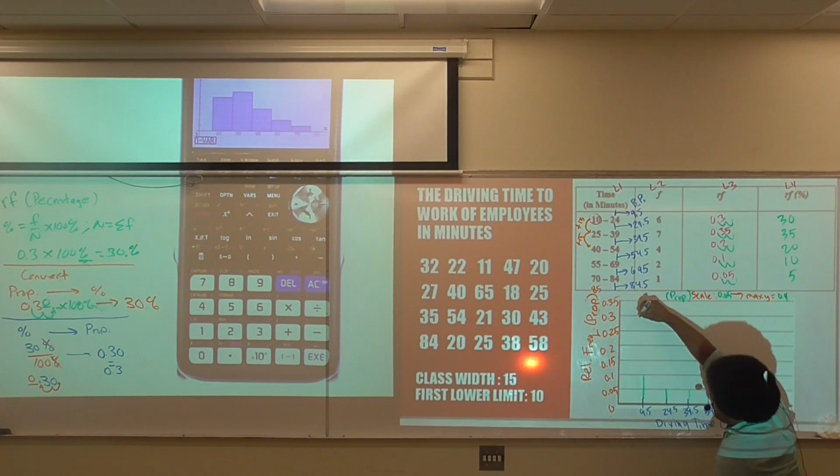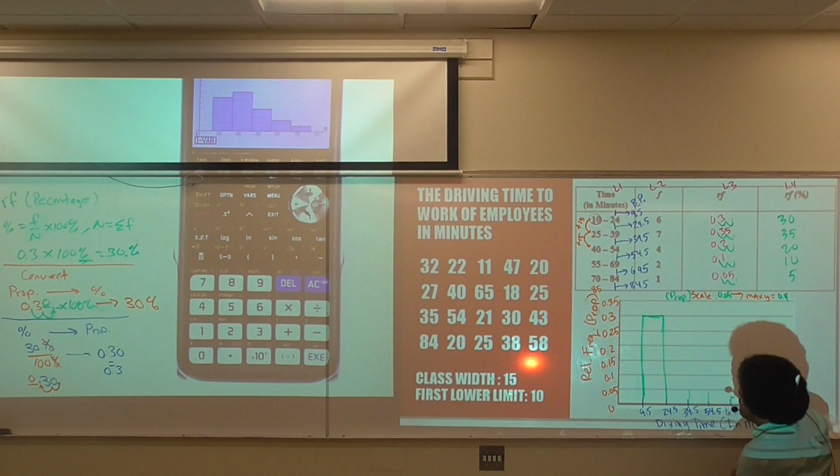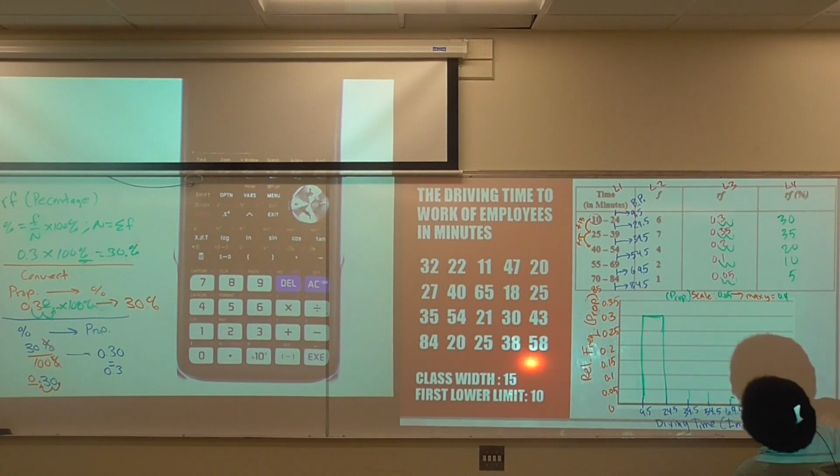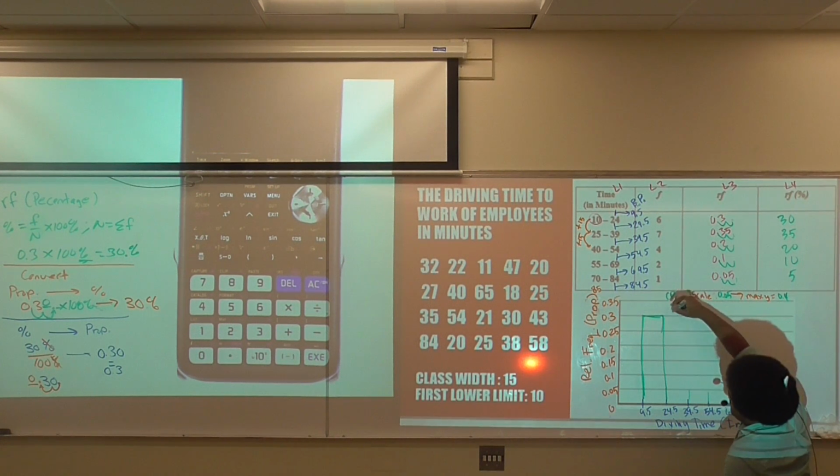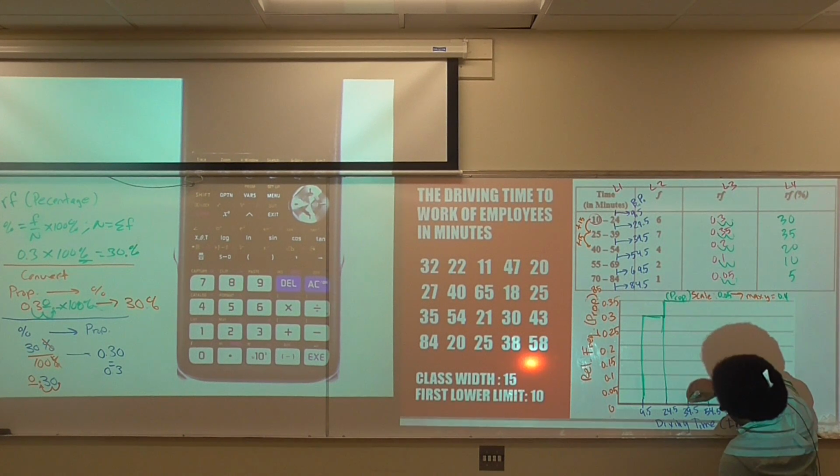So we go to 0.3, the line's right here. So we have it go up to 0.3. And we make sure we drop it down. Next one was 0.35. So that's okay. I'll make sure it goes to the grid line, and I'll drop it down and make sure I have a rectangle.